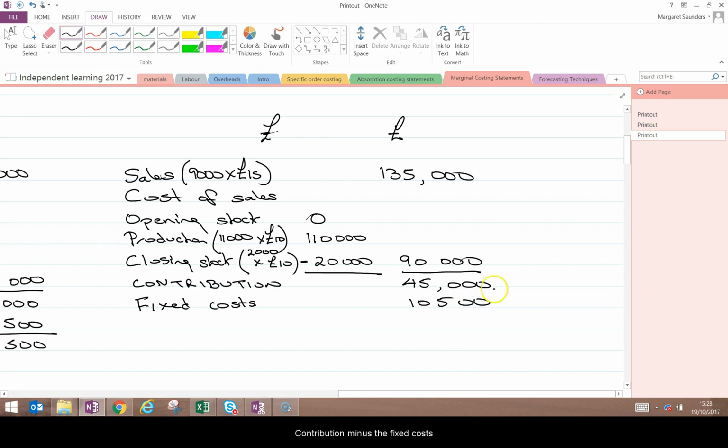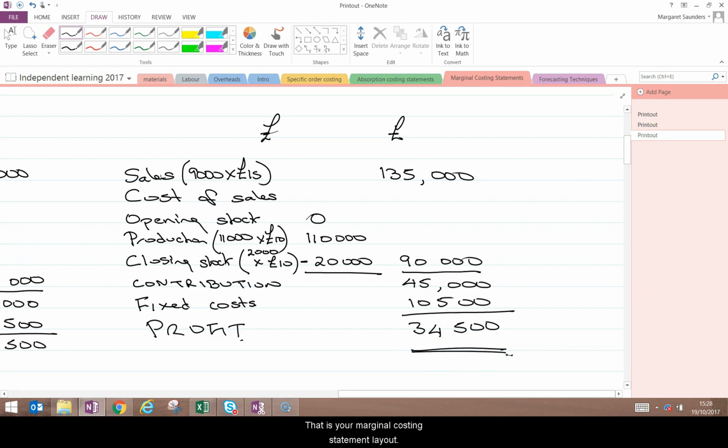So contribution minus the fixed costs will give us our profit figure, which is now £34,500. And that is your marginal costing statement layout. First example with no closing stock, and the second example with a closing stock. And that brings us to the end of this recording.